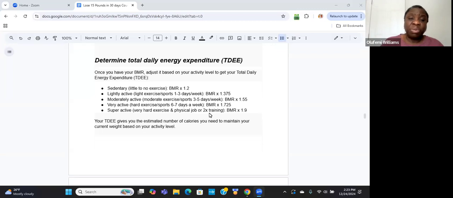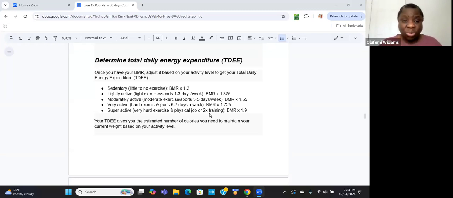I have a feeling that the people I'm going to be working with will be in the first or the second category, times 1.2 or times 1.375. As you begin to exercise a little bit more, you might move to moderately active. But I don't want anyone to rush into overdoing it.